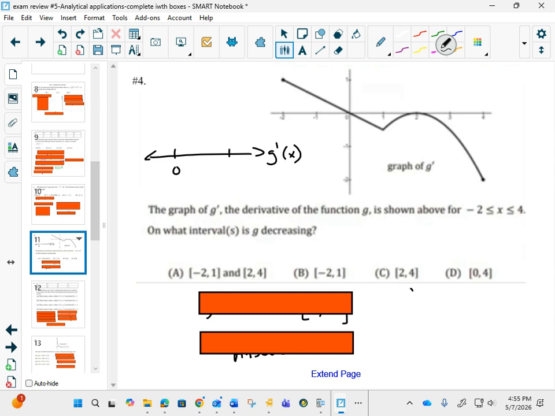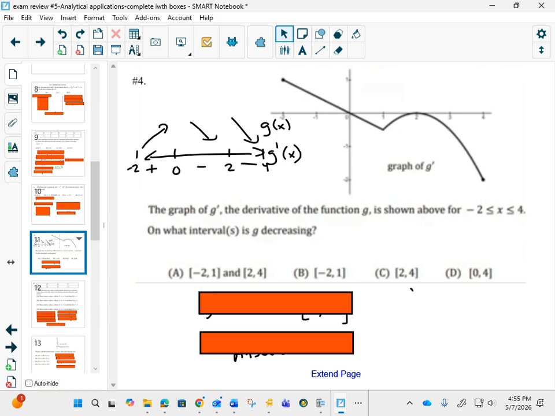Does it touch 0 at 2? Maybe. I'll put that in there as a maybe. And g prime is actually positive here, then negative, then negative. So this means that our g of x graph would be increasing, then decreasing, then decreasing.